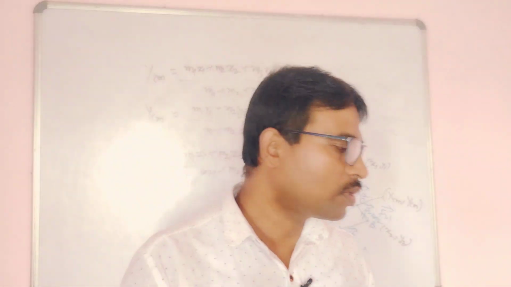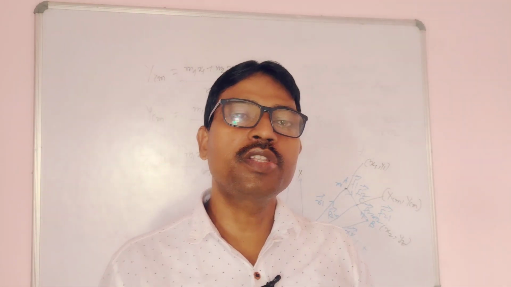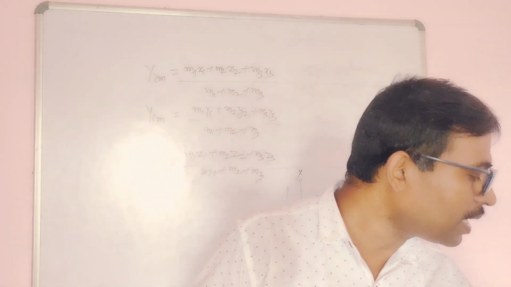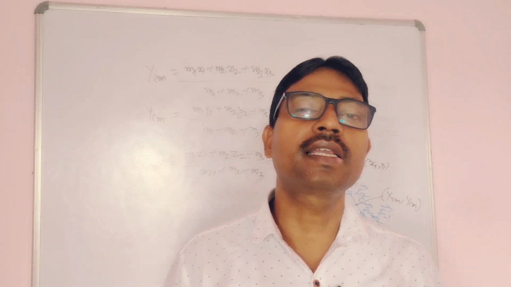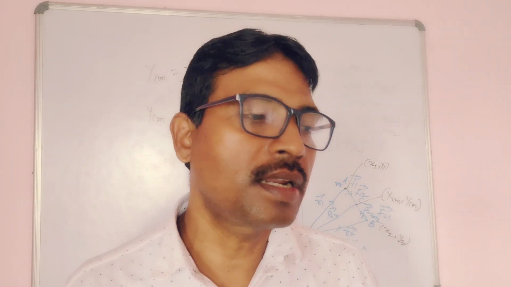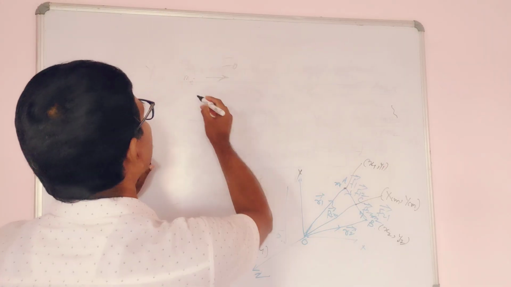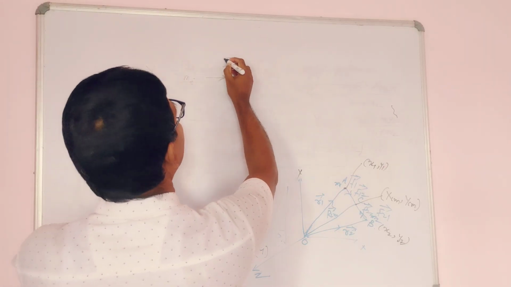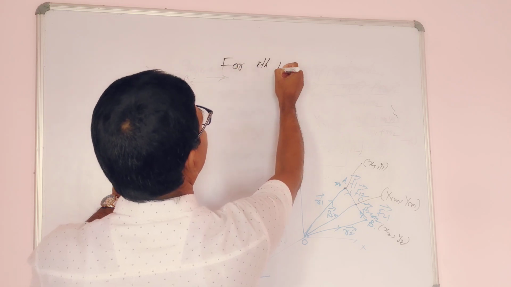In this way, consider the motion of the particles. Let ri be the position vector of the ith particle, and mi the mass of the ith particle. So you are taking the ith particle.